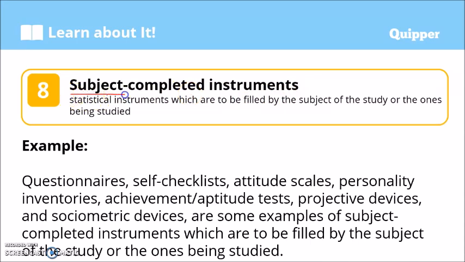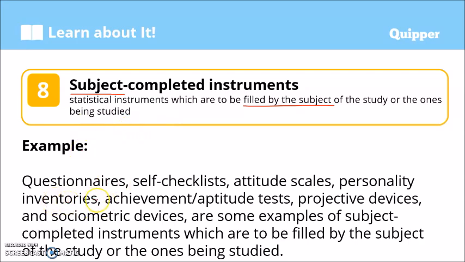So, subject-completed, ibig sabihin si respondent, si participant, okay, understudy, ang mag-fill out ng instrument. So, statistical instruments which are to be filled by the subject of the study, the ones being studied.